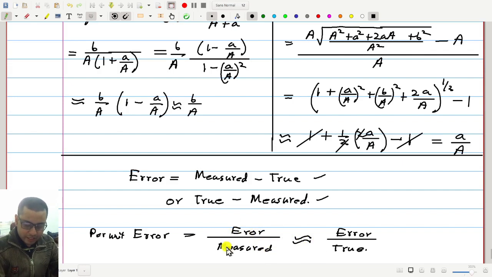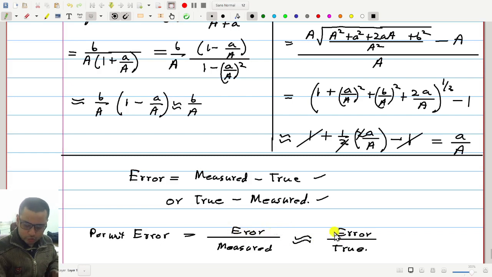Then the denominator, measured and true value, are also quite close. So suppose your measured quantity is 100, true value is 102, then the difference is 2. Now whether you are dividing 2 by 100 or 2 by 102, they are going to come very close. Therefore both these definitions, their values are normally very close, unless the error is very large.